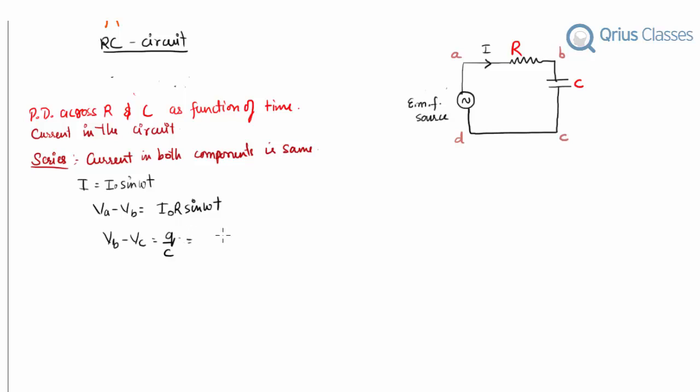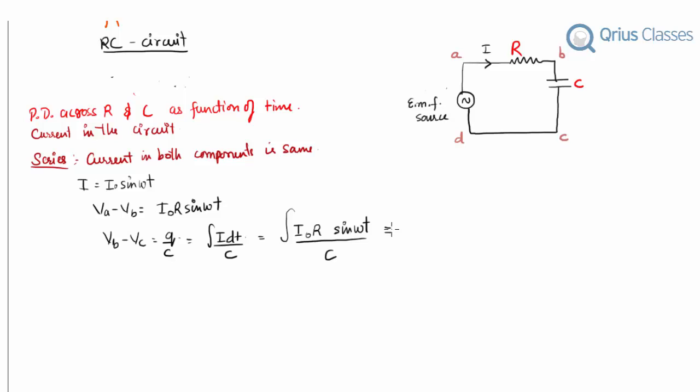And Q can be directly written as the integral of I dt, divided by C. So we get I naught R sine of omega t divided by C, integrated from time 0 to t. Or since we are not interested in limits, we are interested in the instantaneous voltage VB minus VC.